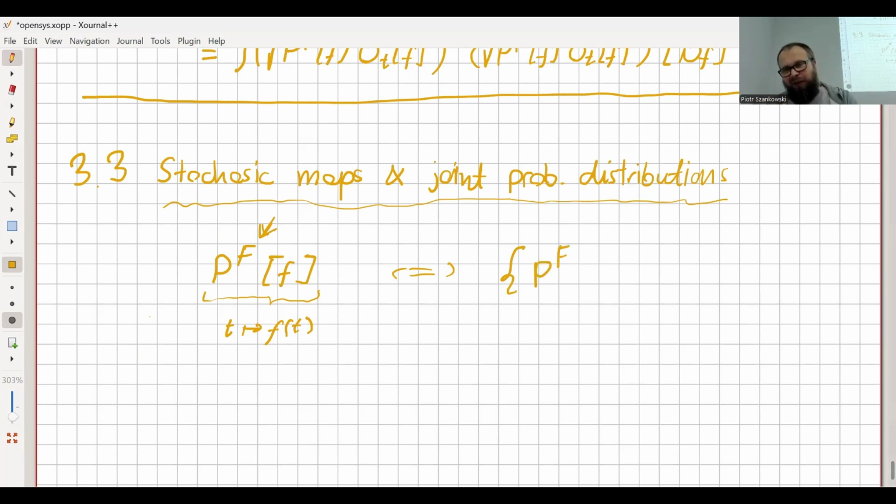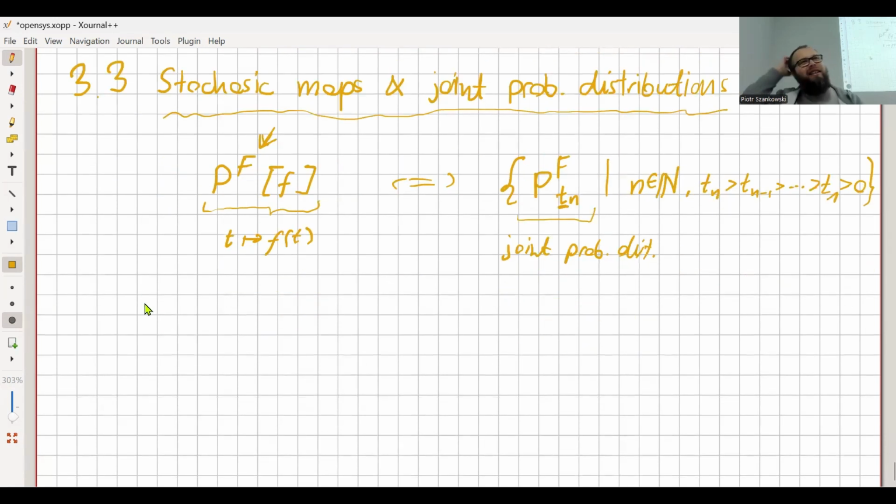So if you remember, we had these guys, and we used the tuple notation. So n is any natural number, and the times are supposed to be ordered. These were standard probability distributions, and we call them joint probability distributions.